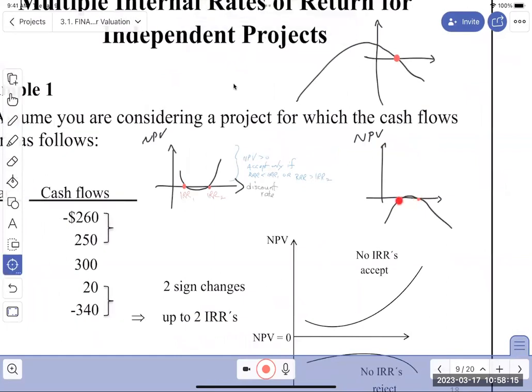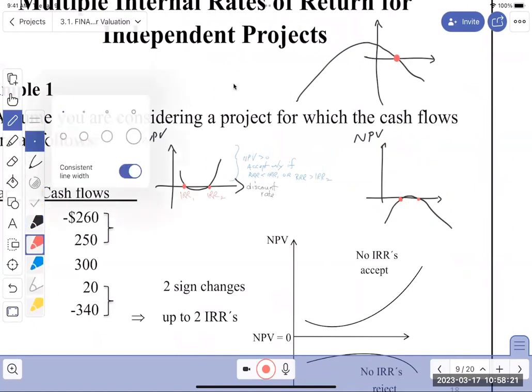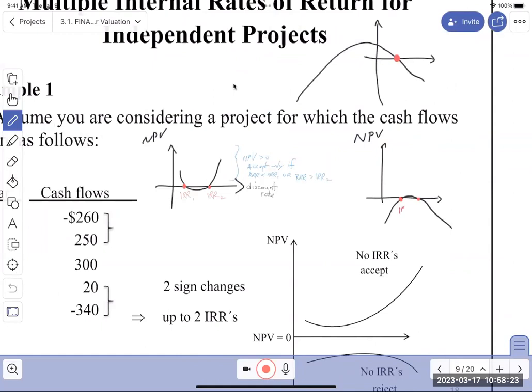When should you invest in this project here? So that project is almost never positive, but still, answer the question.